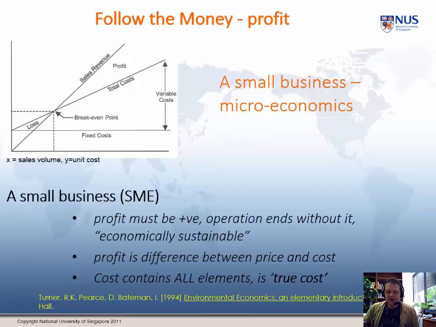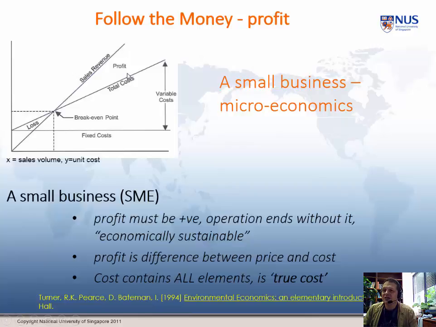Okay, so now that's the cost line. Now we've got the revenues line, which starts at 0. If you sell 0 units, you don't get any money, and then it rises. You've set a price, so the more units you sell times the price gives you your revenue. Down here in this part of the graph, obviously your costs are greater than your income, you're running in loss.